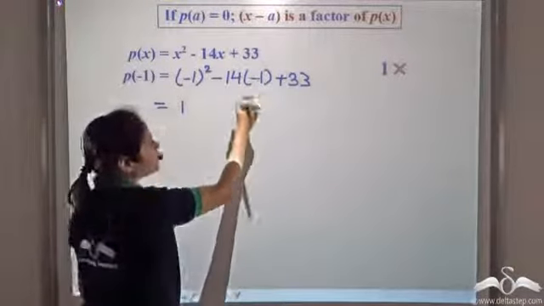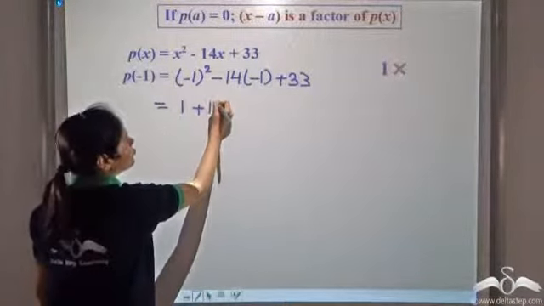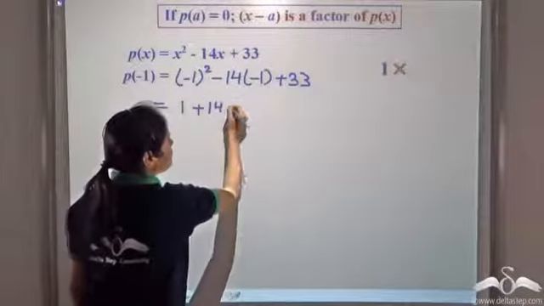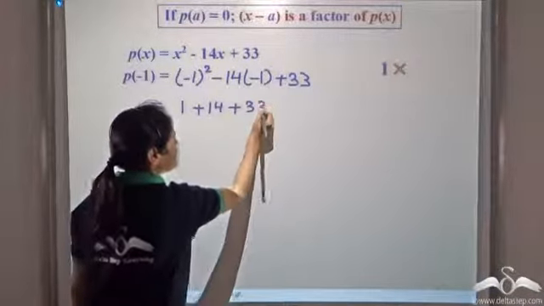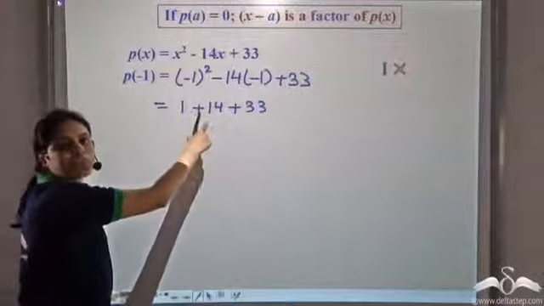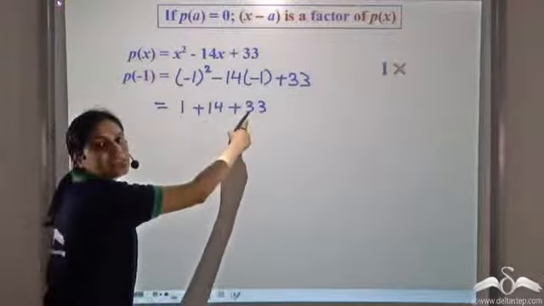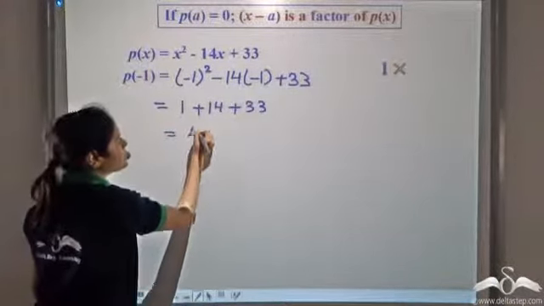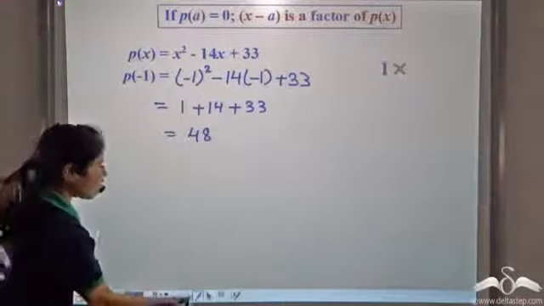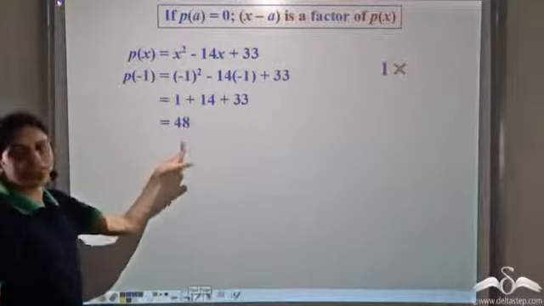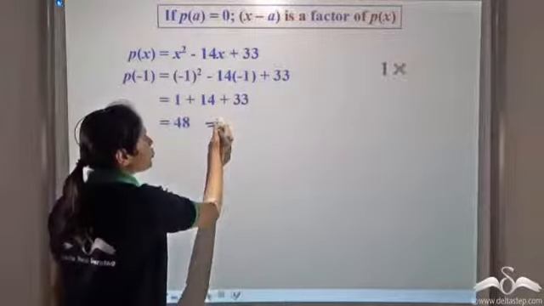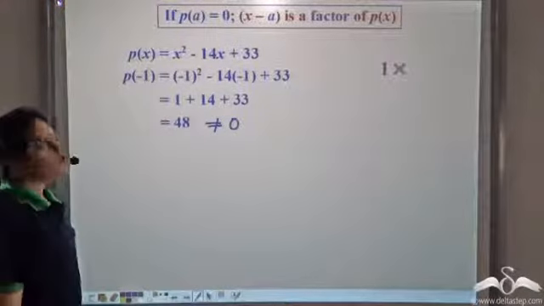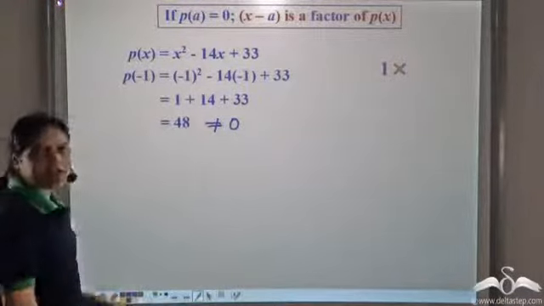Negative 14 into negative 1 is 14. And we have plus 33. 1 plus 14 is 15. 15 plus 33 is 48. So this is what we have, p(negative 1). Again, this is not equal to 0. So x plus 1 is not a factor.